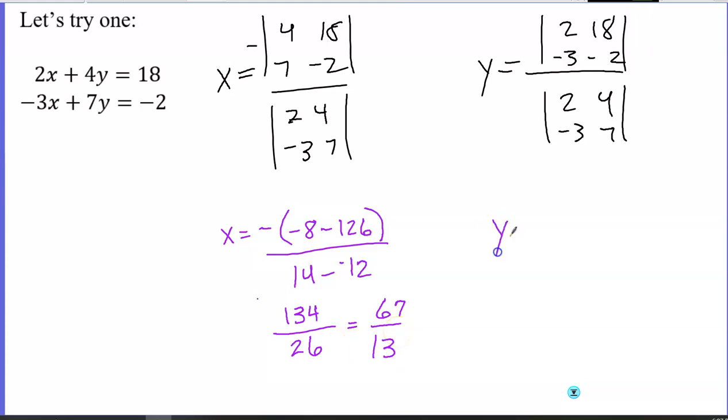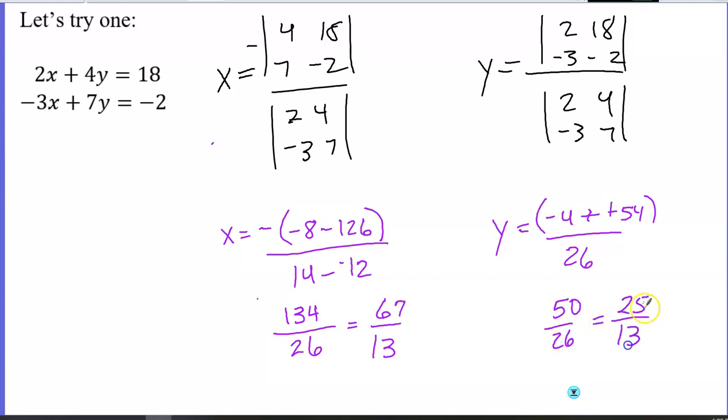Now let's do y. Well, y is going to have the same thing on the bottom, we already know, so that's easy. So 14 minus negative 12, so we've got 26 on the bottom. On top, we've got negative 4 minus negative 54, which gives us 50 over 26, which gives us 25 over 13.